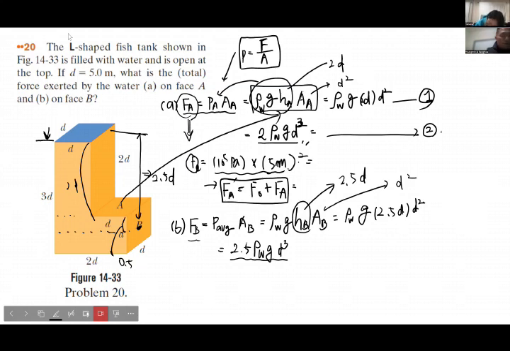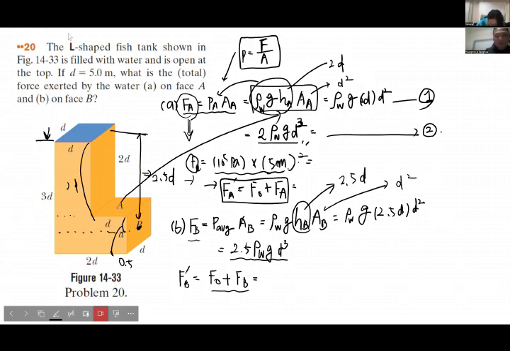Now, just like force A, you also have to estimate the absolute total force applied to the base B, which is F_B prime. That is the atmospheric force plus the relative force from the surface of that base.